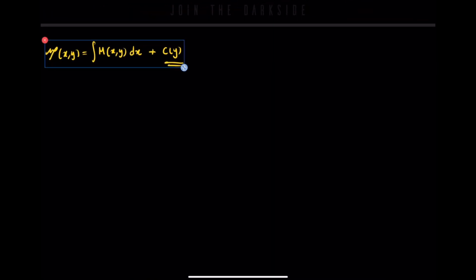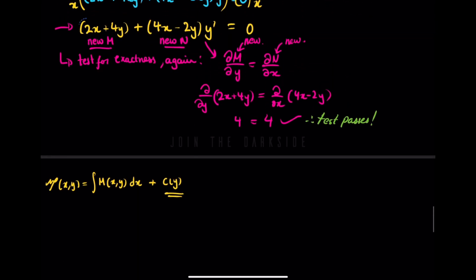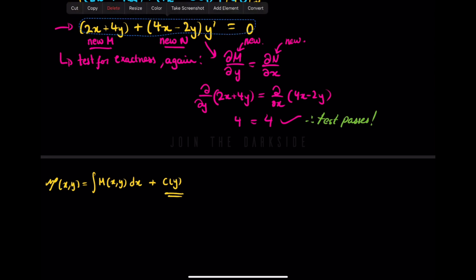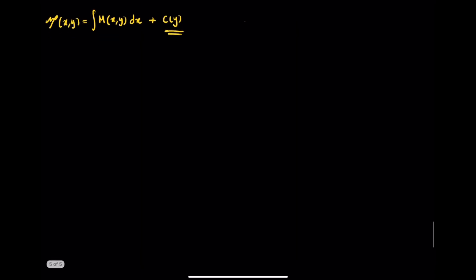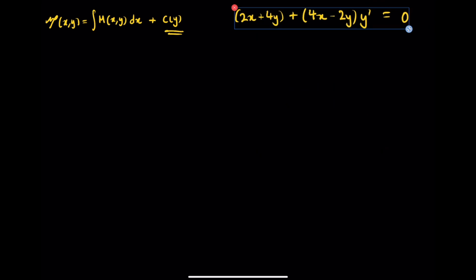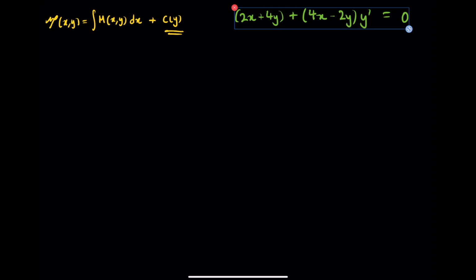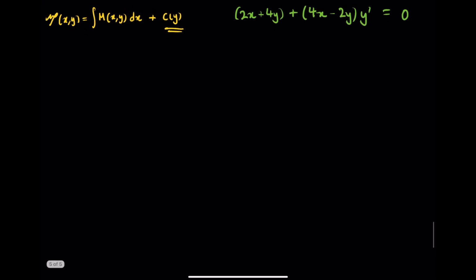In order to get the psi, this is our new, reworked differential equation that has been reworked to make sure that it is now exact. Green is good. So again, this is your M, this is your N, and y prime equals 0.